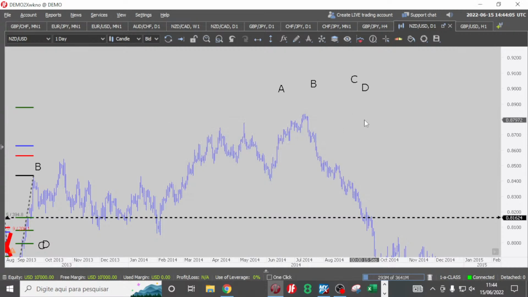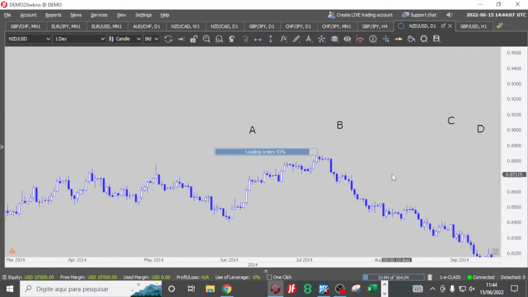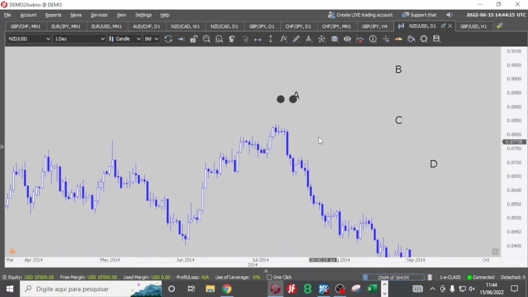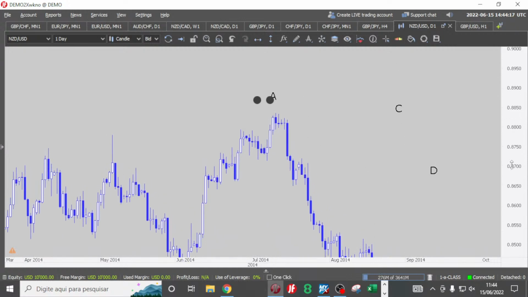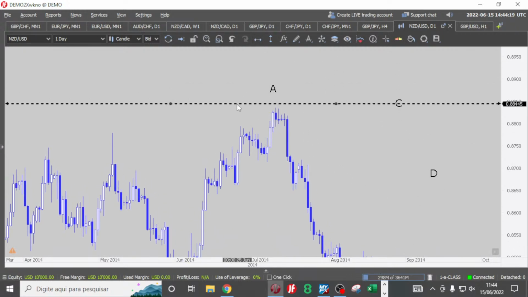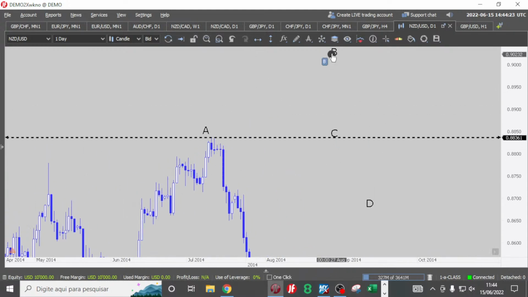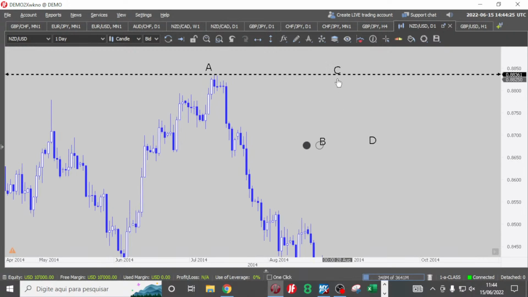This is our D. A, B, C, D, one more time, the A, B, C, D sequence. Increasing the chart. Horizontal line, A, B, C, D.